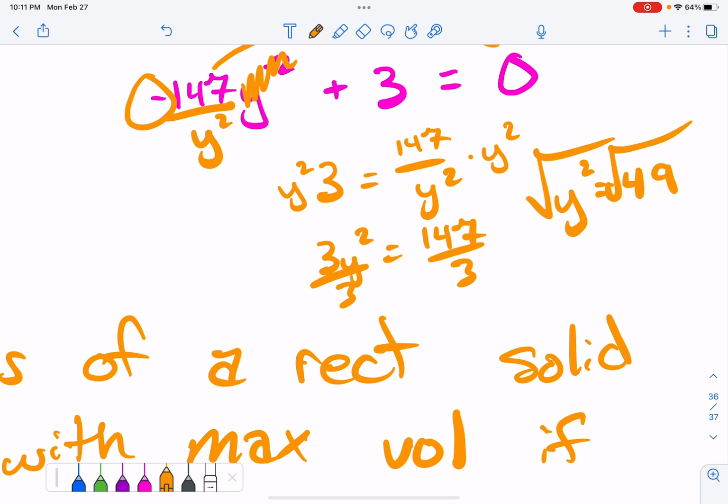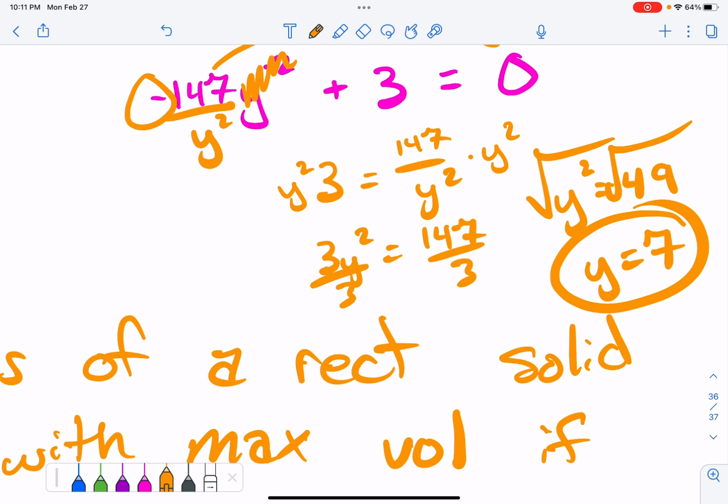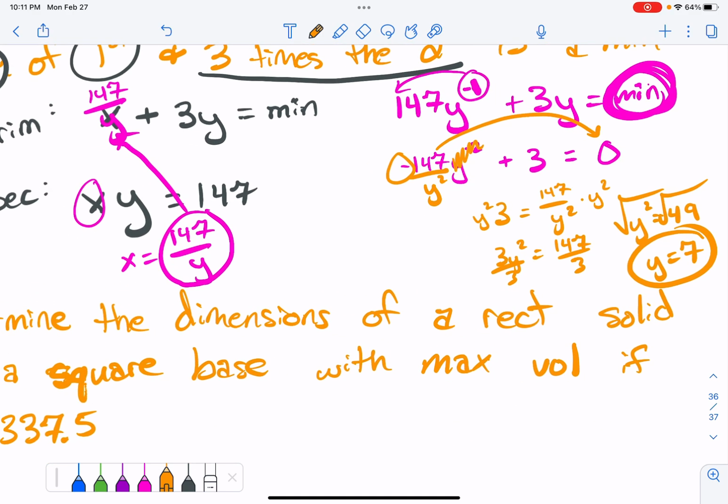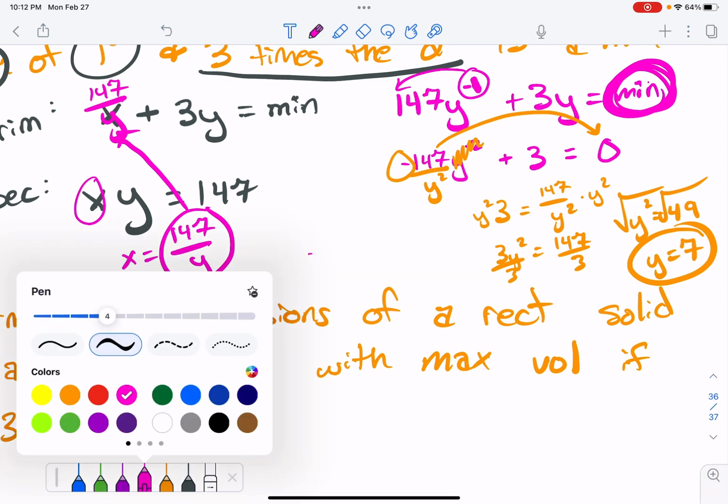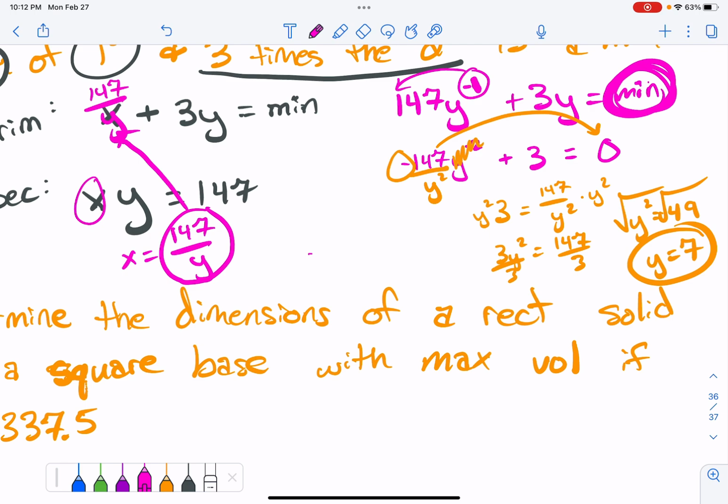If I take the square root of that, y is either plus or minus 7, but we know that they have to be positive numbers. So y has to be a positive 7, okay? Now the last thing is that I have to find the x coordinate. I'm going to go back to this equation, and I'm going to plug 7 in here.